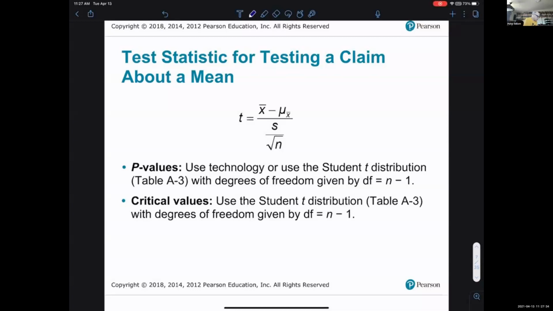And so they look at the p-values and it says use technology, which is what we will do. And it says, or you can use table A3 with the degrees of freedom, but we'll just try to use technology. And then the other possibility is to use critical values. And we've discussed that a little bit using the t-distribution with the table. But again, even then, it's easier to use technology.